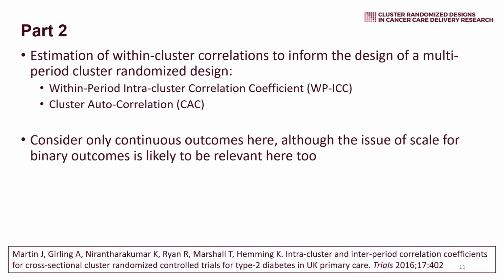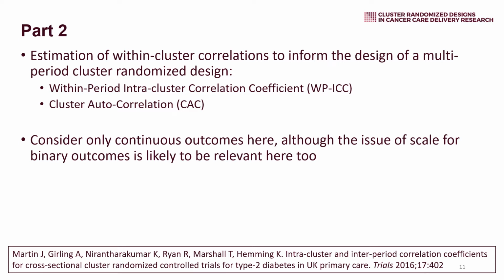So here we're just going to consider the setting where we are going to use a correlation structure which can be parameterized by the within period ICC and a cluster autocorrelation. So this comes from a model with a random cluster effect and a random cluster by period effect.